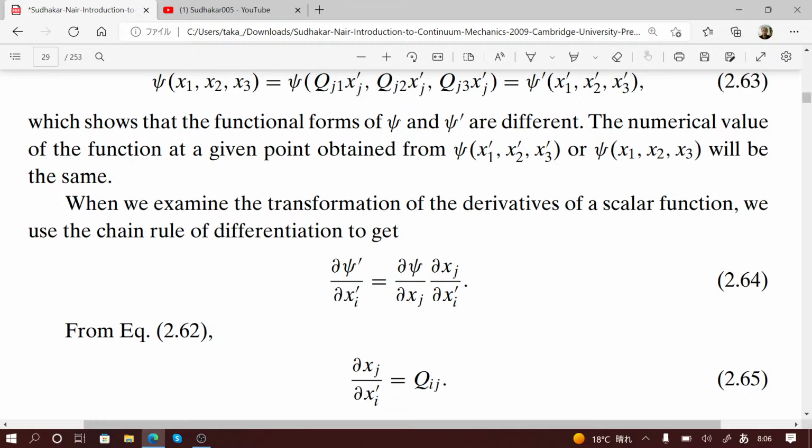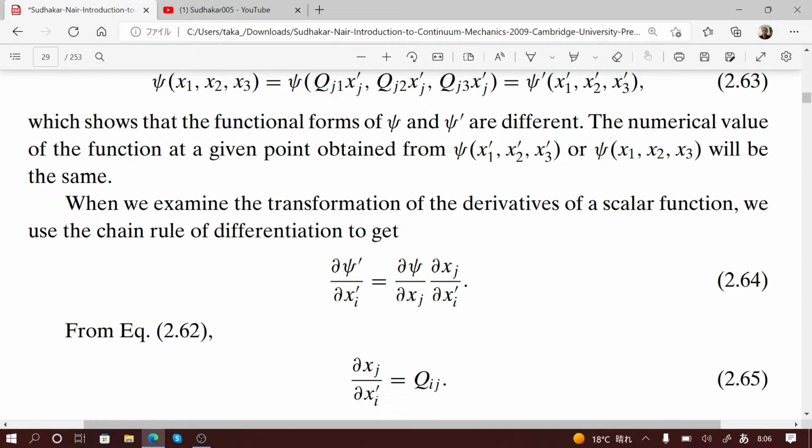When we examine the transformation of the derivatives of a scalar function, we use the chain rule for differentiation to get partial psi prime over partial x_i prime equals partial psi over partial x_j times partial x_j over partial x_i prime.